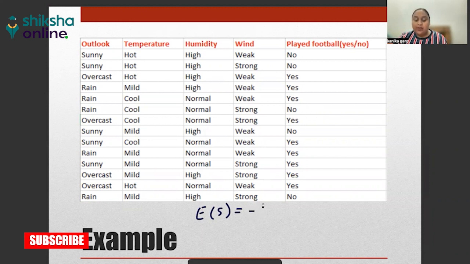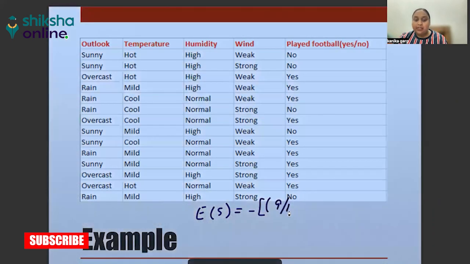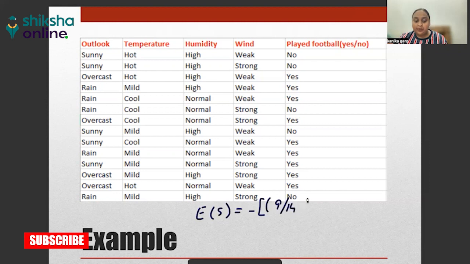So here I can find out the entropy: these are the 14 entries, so minus 9 by 14 log 9 by 14, plus, I'm sorry, minus 5 by 14 log 5 by 14, right?